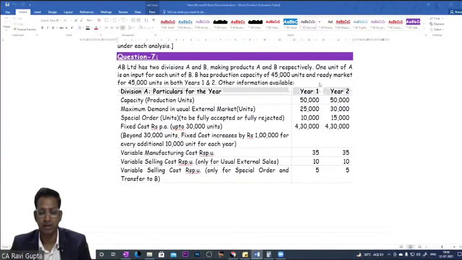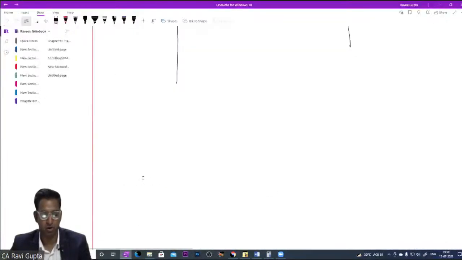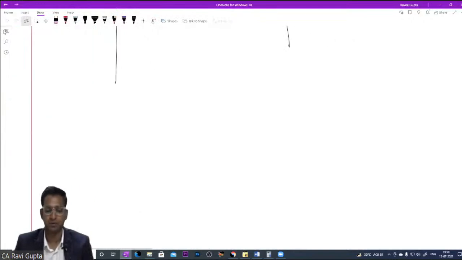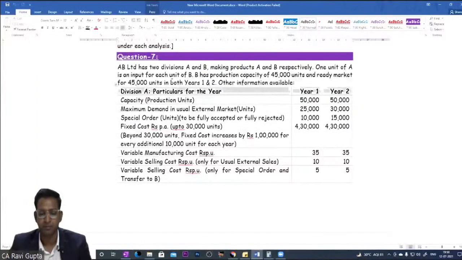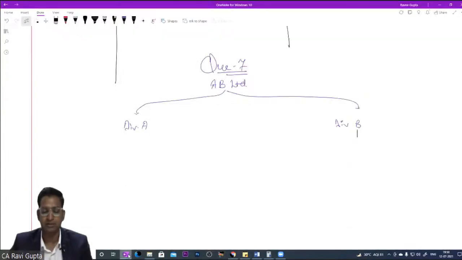So what it's saying, let's draw on the paper. Question number 7. AB Limited, division A, division B, it produces product A and product B respectively, and 1:1 is the input output ratio.